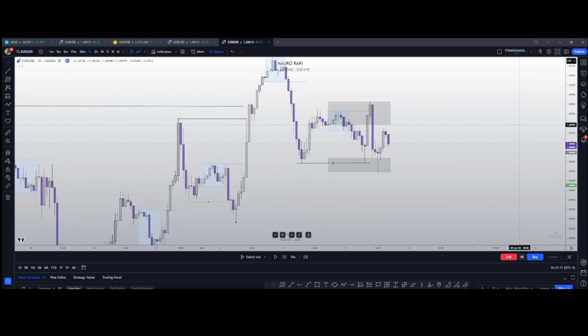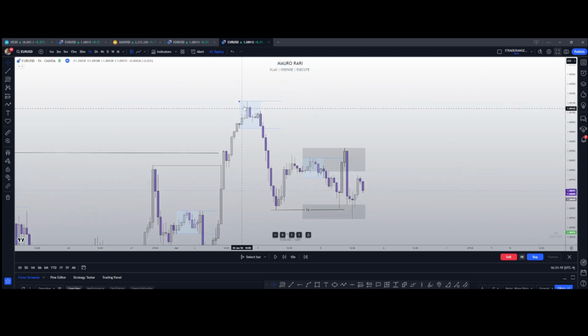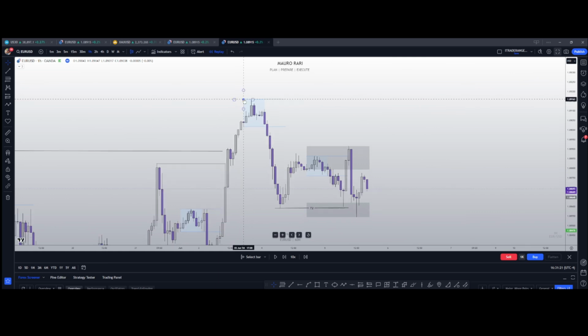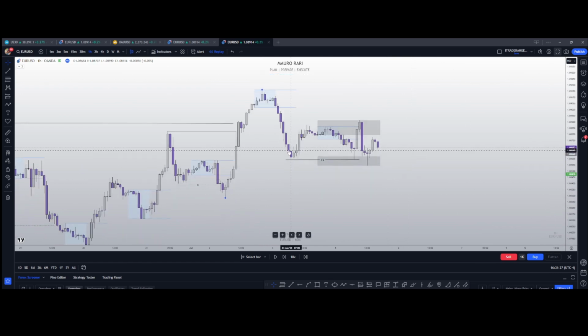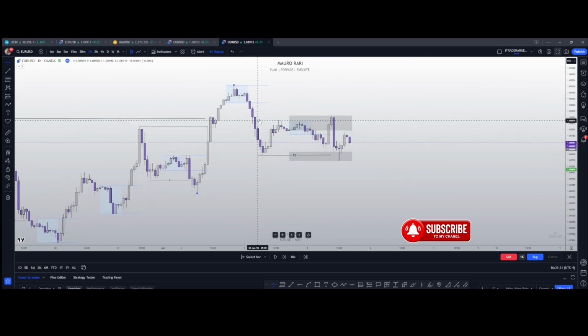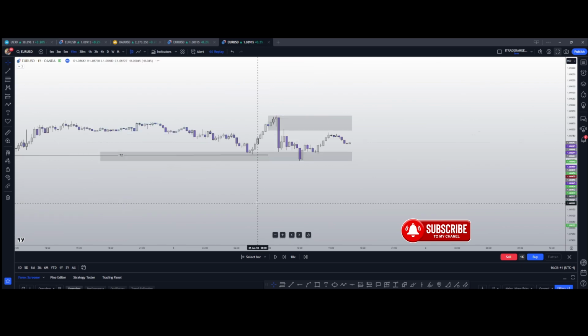But we don't have any QM that is going to tell us that this is the end of this bullish movement. So we are just retracing without having any range. So at this point, all I have to do is go to the 15 minutes.